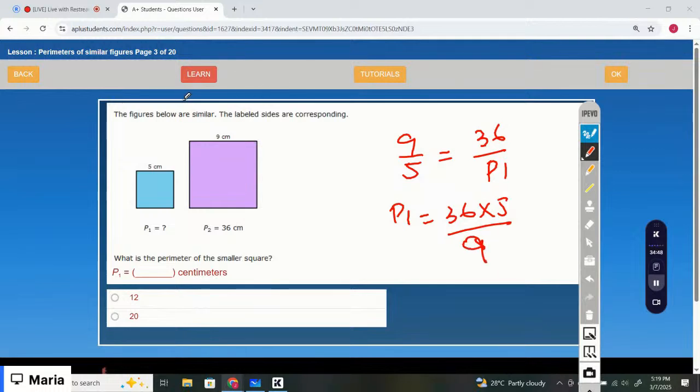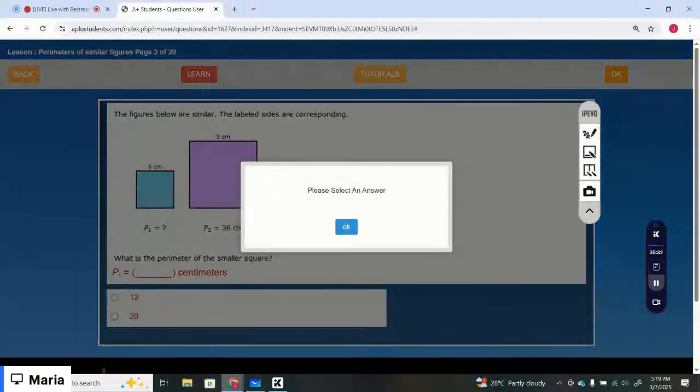So the correct option is that is 20. Option number 2 is the correct option.